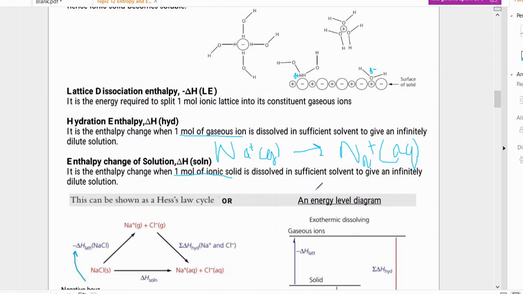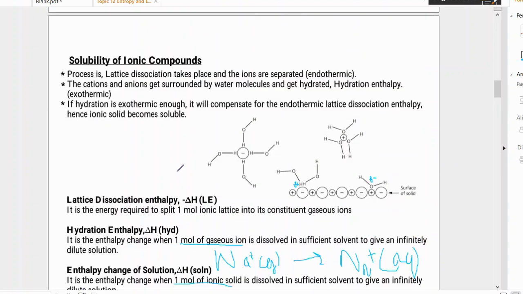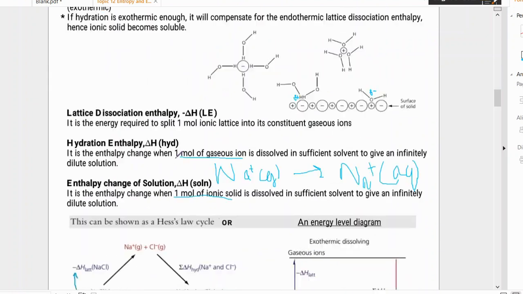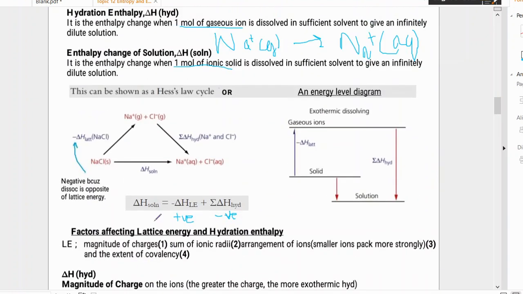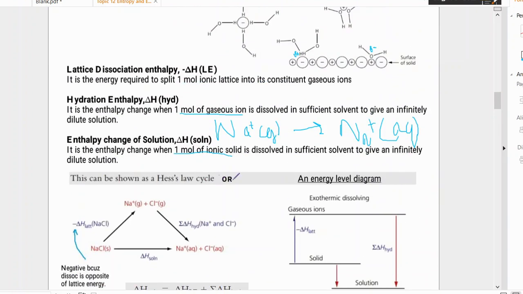They will say enthalpy change, but they will not mention which enthalpy change it is. If you cannot deduce which enthalpy change the equation represents, then you will not be able to apply the factors affecting these enthalpy changes, and you will not be able to answer the MCQs. So be able to do that.